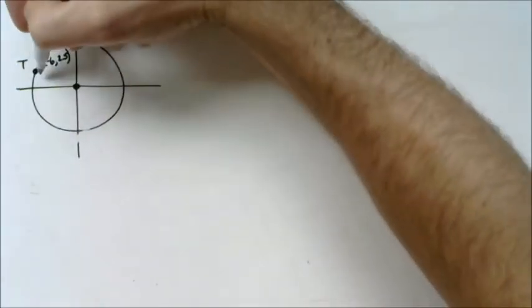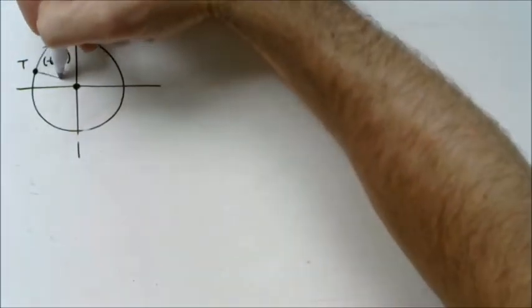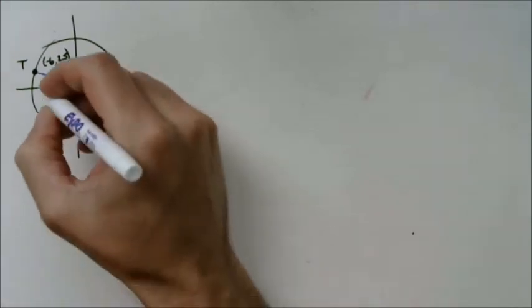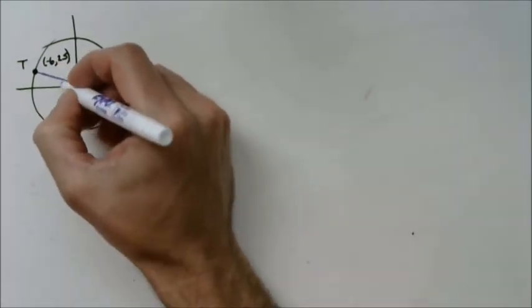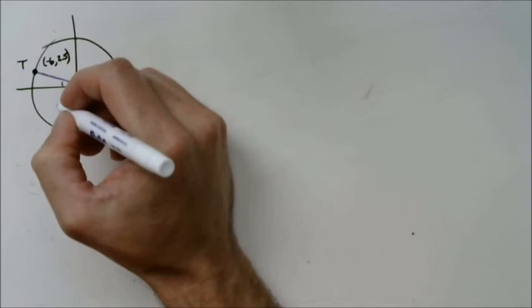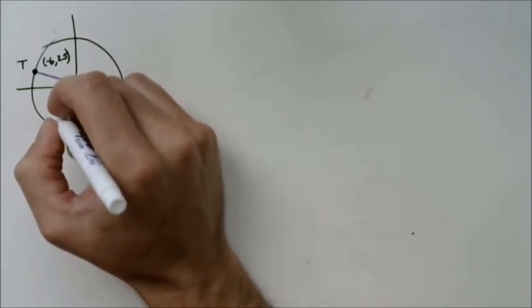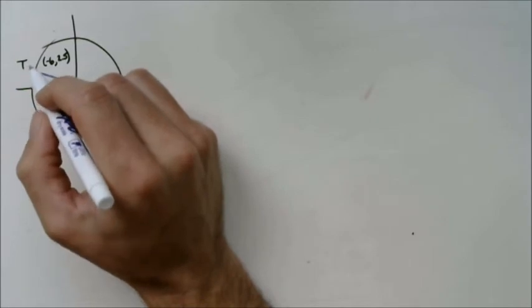So we're looking at Ted's house here, and we're talking about angle of rotation around the origin, and Ted's house being in the second quadrant.